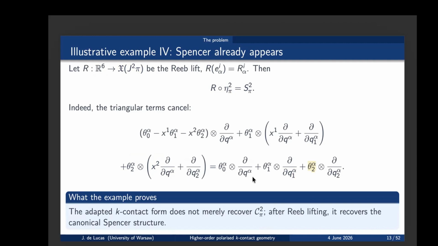So everything fits. The canonical structure on the J2 pi has indeed the number of coordinates of the perfect contact form. So you have to understand the Spencer operator of the canonical structure in a manner that it turns out to be a K contact form, with K being the N R pi.